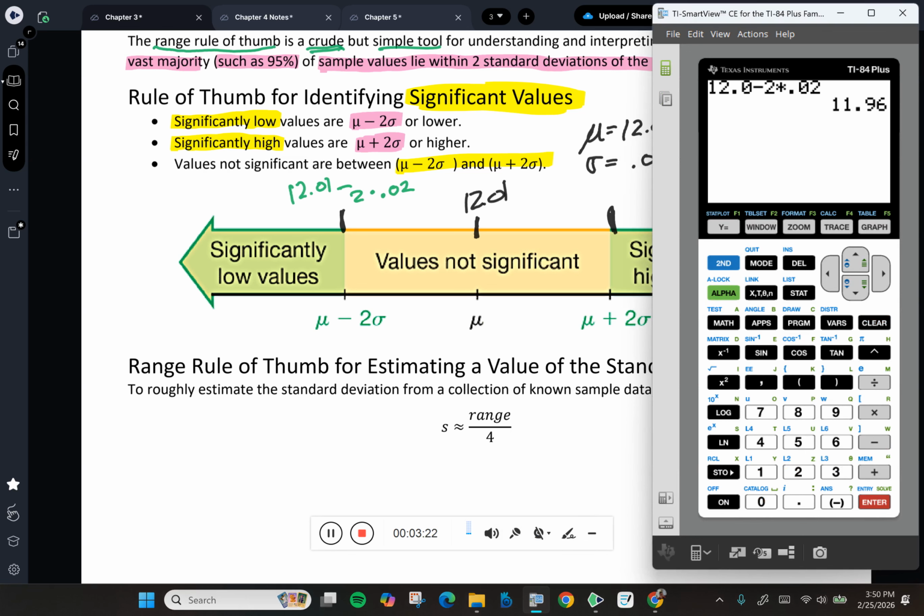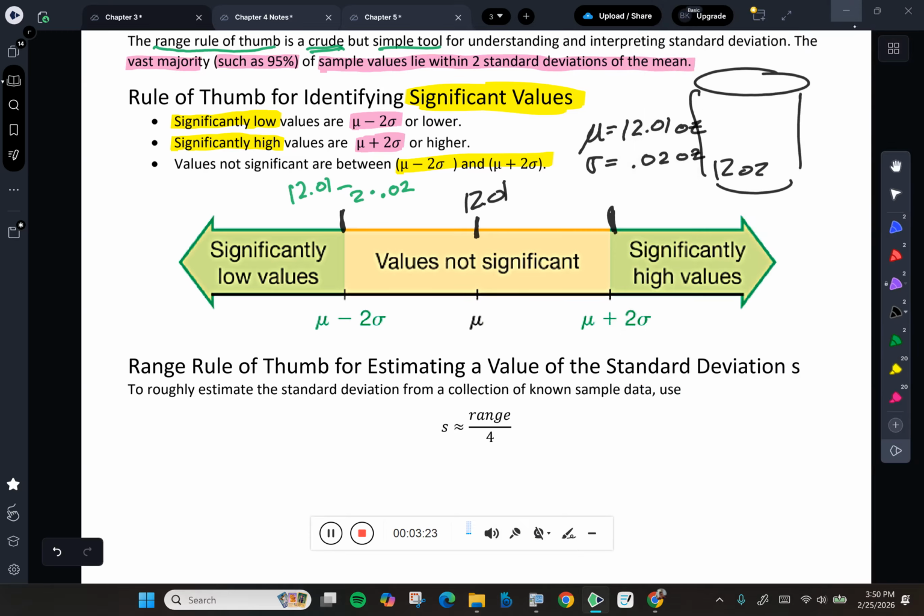So that gives me 11.96. So down here, anything below 11.96, I would say that is a significantly low value, or in terms of what I'm actually talking about here, I would say, wow, that is a significantly low amount of soda to be in that can. That probably shouldn't be happening. Something's probably wrong. The machine is probably underfilling these cans.